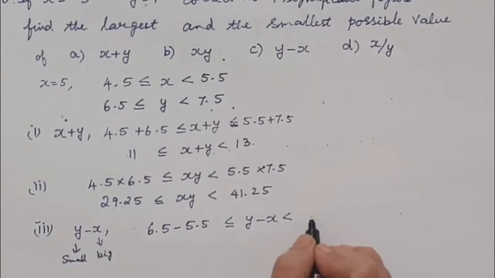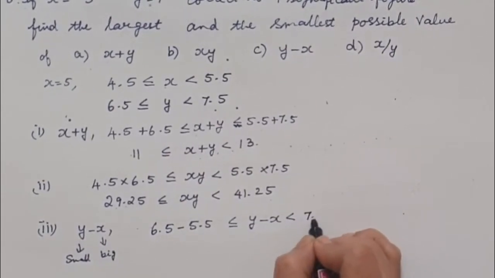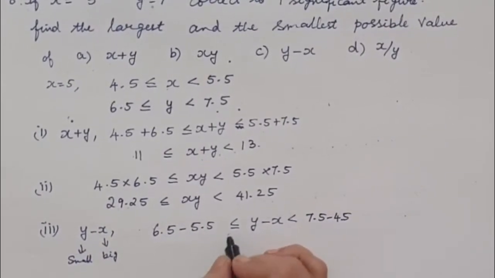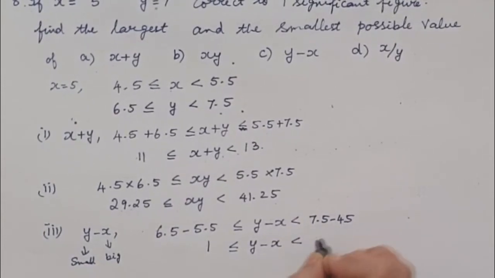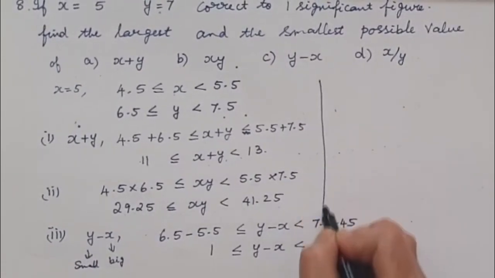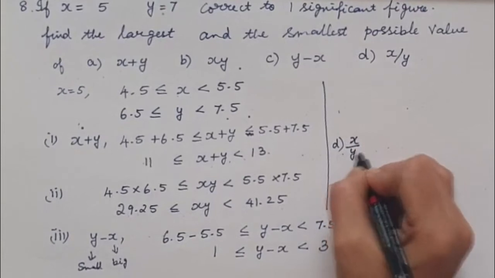For getting a bigger value, y has to be big, x has to be small. So it will be 7.5 minus 4.5. So when you simplify it, you get 1 less than or equal to y minus x, which is less than 3.